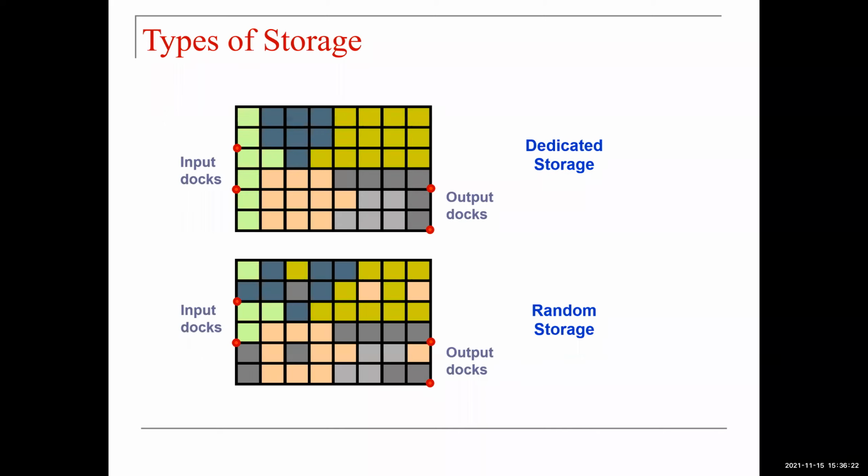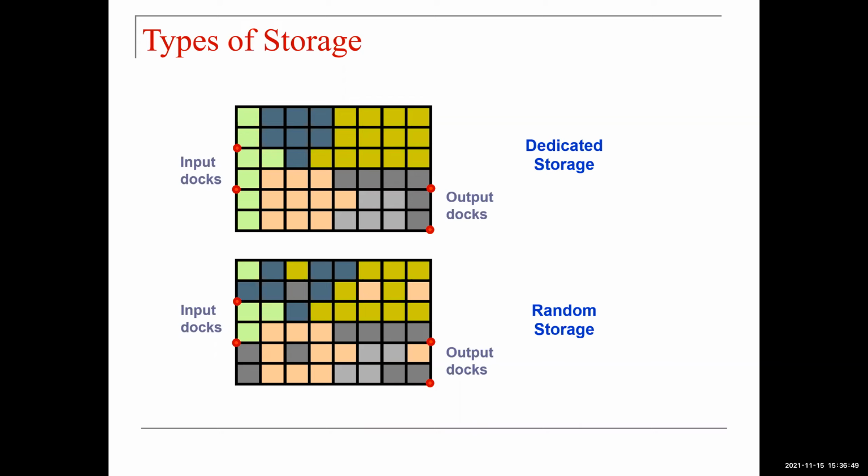Same thing here, the dark colors and the green color. And you can observe the difference between that and the random storage philosophy, in which you don't have a group of squares that are grouped together with the same color. Again, these policies are also affected by the location of the input and output docks.